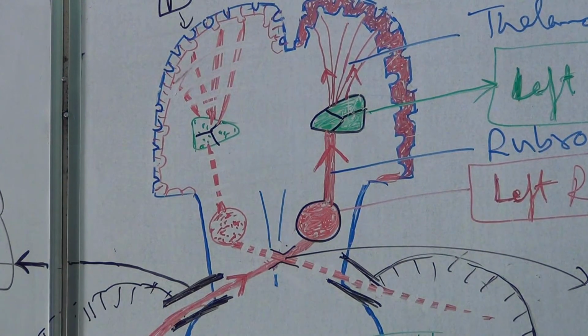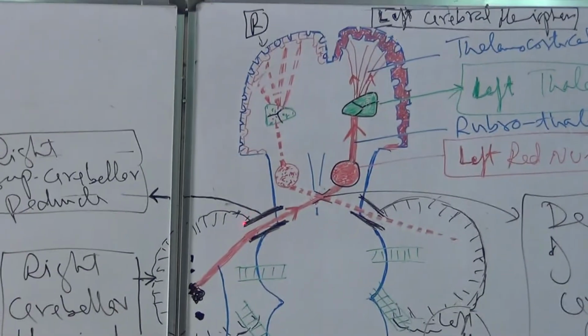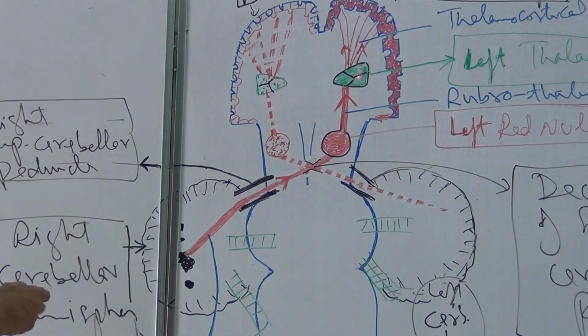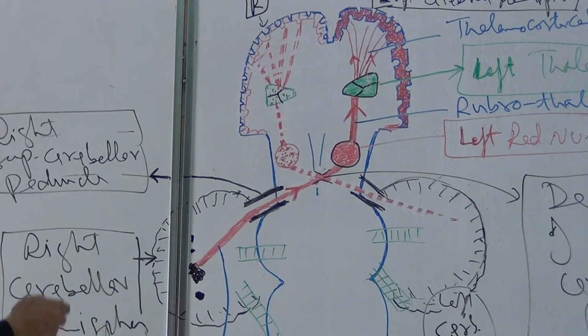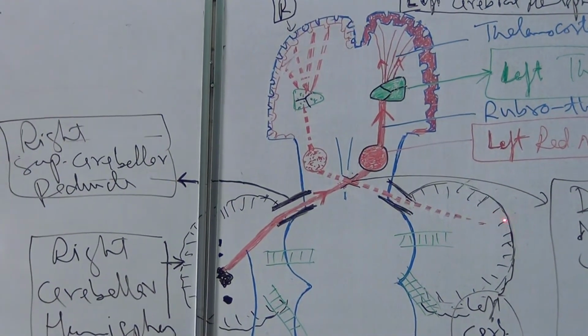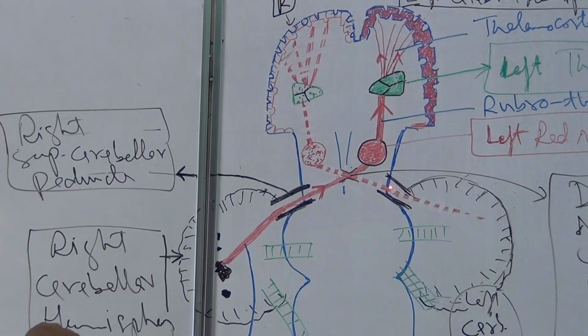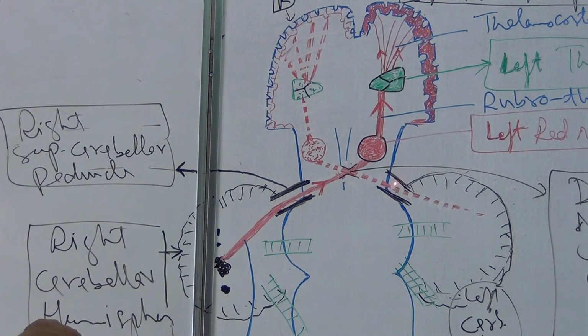So continuous red line indicates connection of the right cerebral hemisphere via right superior cerebellar peduncle with the left red nucleus, left thalamus and left cerebral hemisphere. And the interrupted red line fibers come from the opposite side, that is left cerebral hemisphere, left superior cerebellar peduncle, passing through the decussation of superior cerebellar peduncle, then right red nucleus, right thalamus and right cerebral hemisphere cortex.